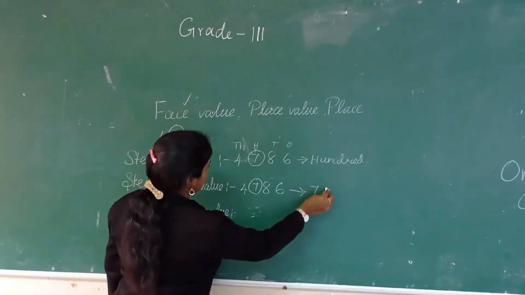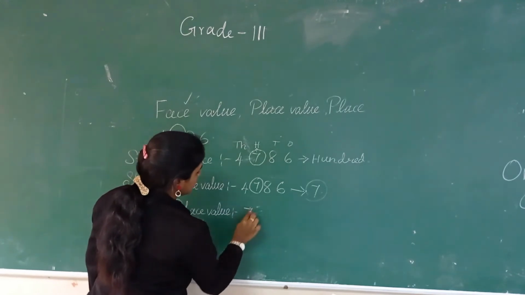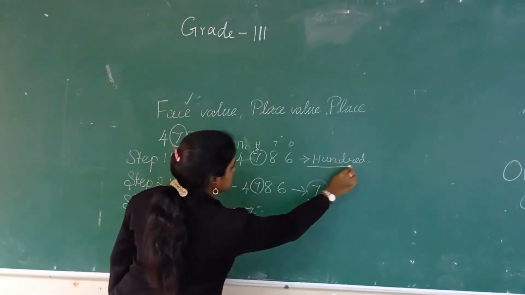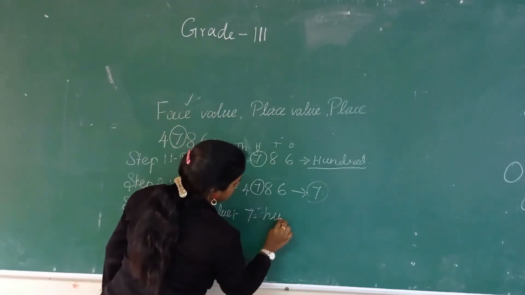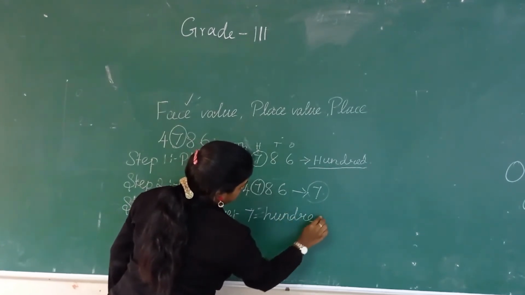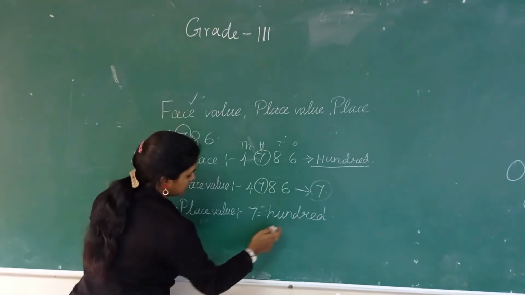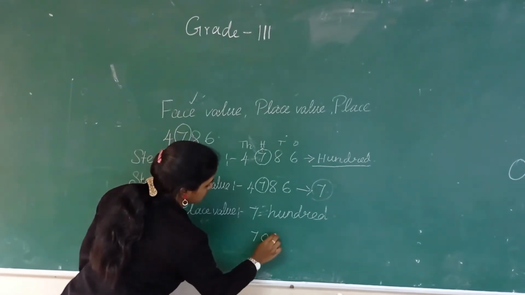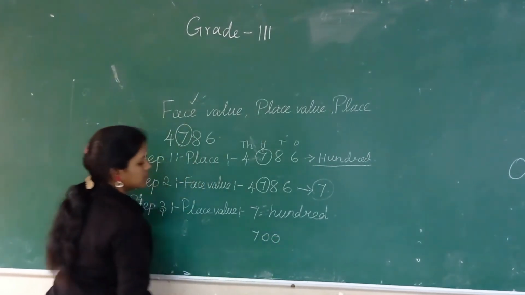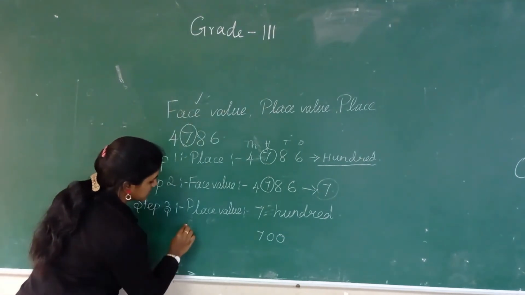In your face value you have 7, so write 7 here, and in your place you have 100, so write 100 here. And now you have 700. Write this in number form. This is your place value.